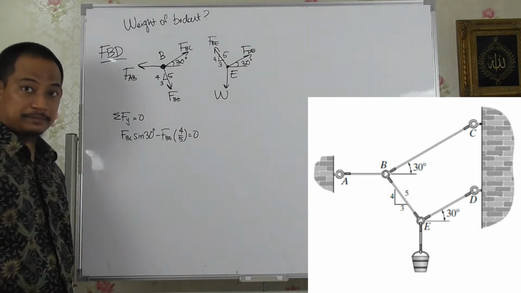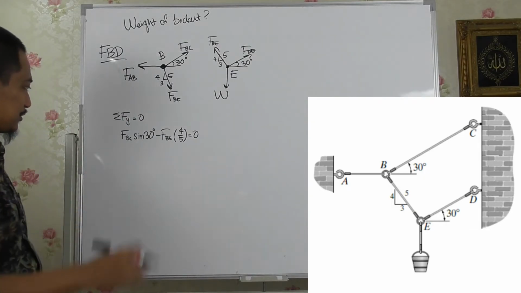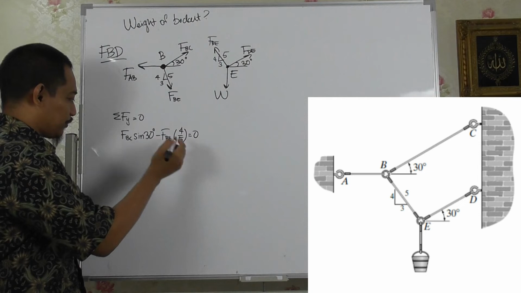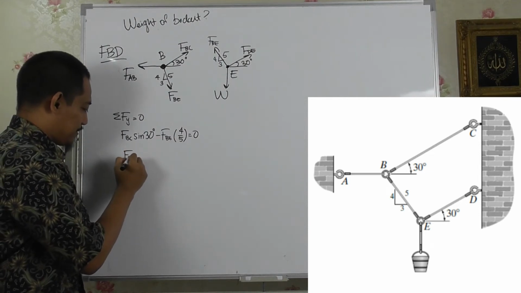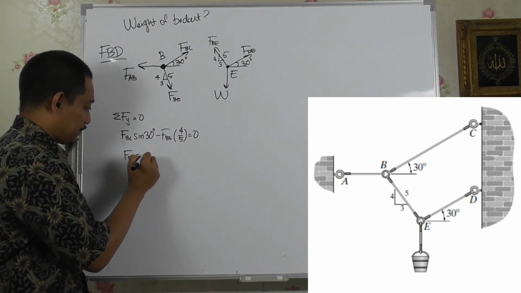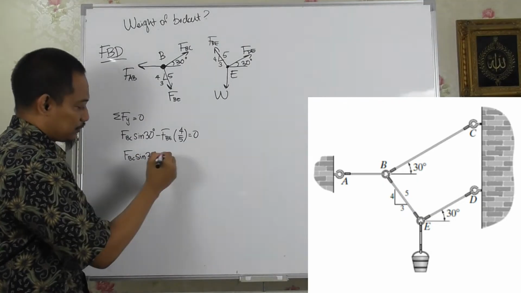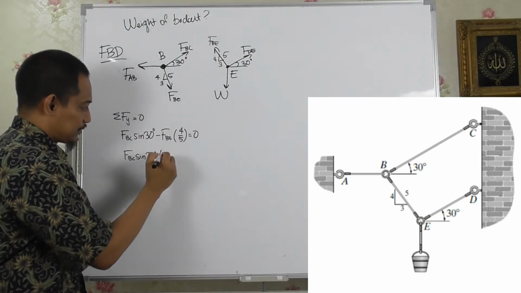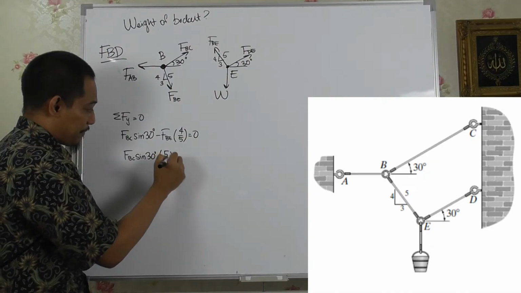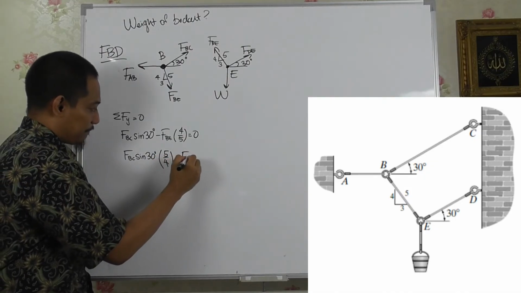So which one is larger? Of course, you can rearrange to make it easier, right? So for example, you get FBC sine 30 degrees, and then you bring it there, etc. So you get 5/4 equal to FBE, right?